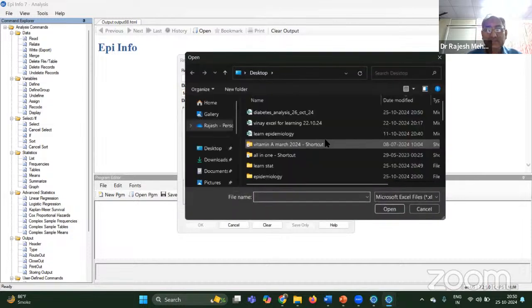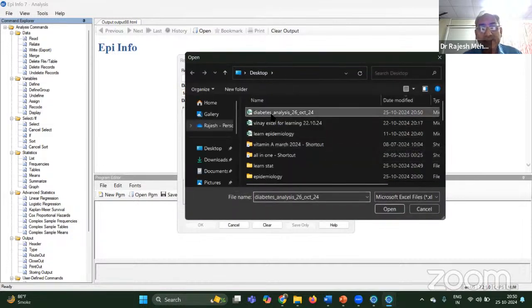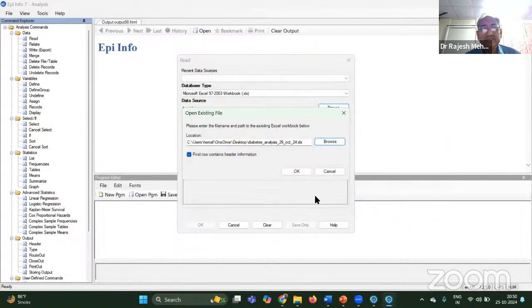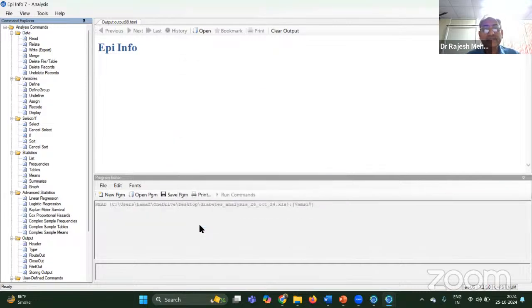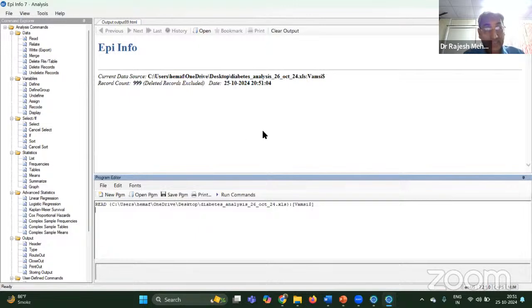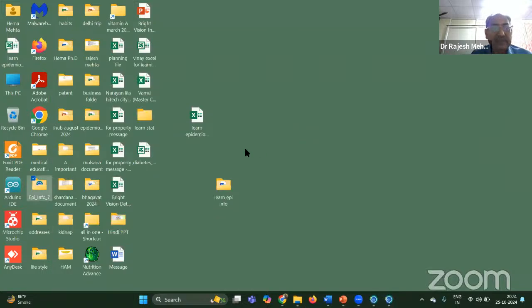First is the header, and then the diabetes analysis. The first data sheet we are going to use for analysis. And it says record count 999. So let me go and see whether the count is the same or not.